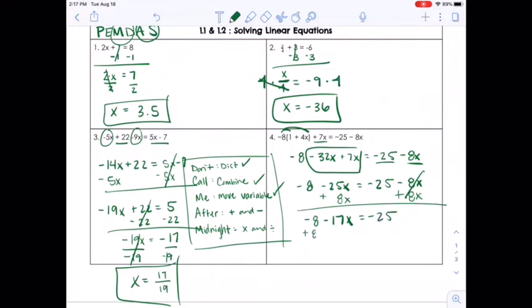Then we will just move our constant over. We get negative 17x equals negative 17. And if we divide by the coefficient of x on both sides, we end up with x equals 1.